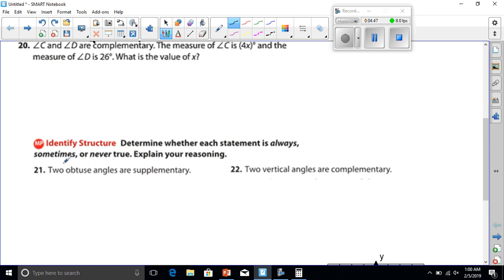So they're saying two obtuse angles are supplementary. Well, if I have two angles that are bigger than 90 degrees, let's just put one here. Here's one angle that's bigger than 90 degrees.